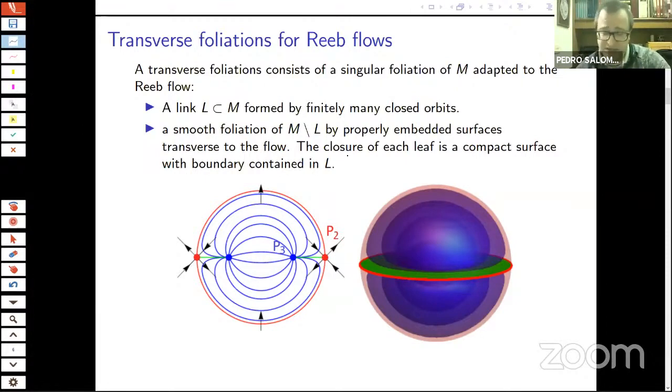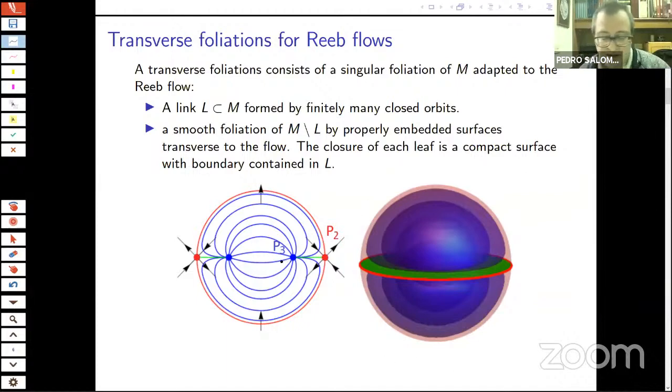These surfaces are assumed to be transverse to the flow, so the vector field is transverse to them. In this case, we have this red periodic orbit that we see here. This is like a section of the foliation that we see on the left, and on the right, I tried to describe this three-dimensional foliation.